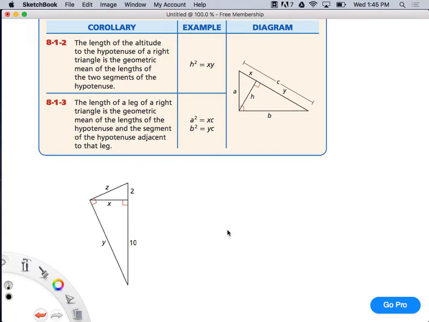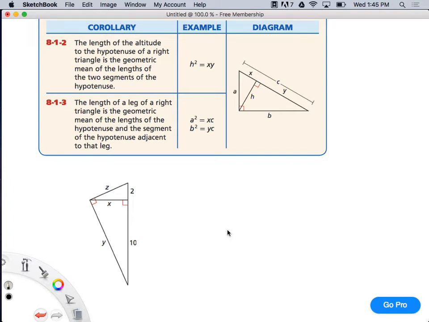No. You have to be able to see visually what I'm talking about. The altitude is the geometric mean of the length of the two line segments that are formed when the hypotenuse is being split by the altitude. You see, the altitude splits the hypotenuse into two line segments.